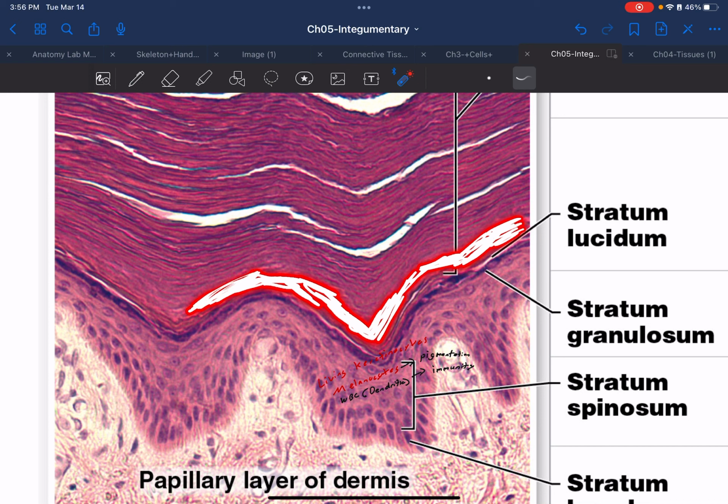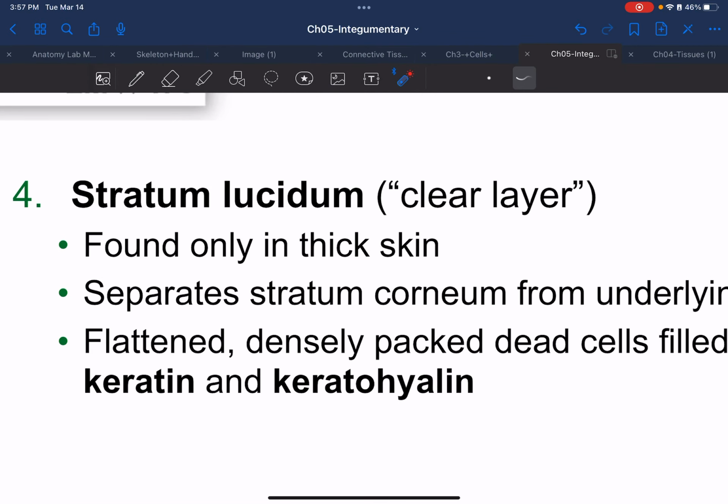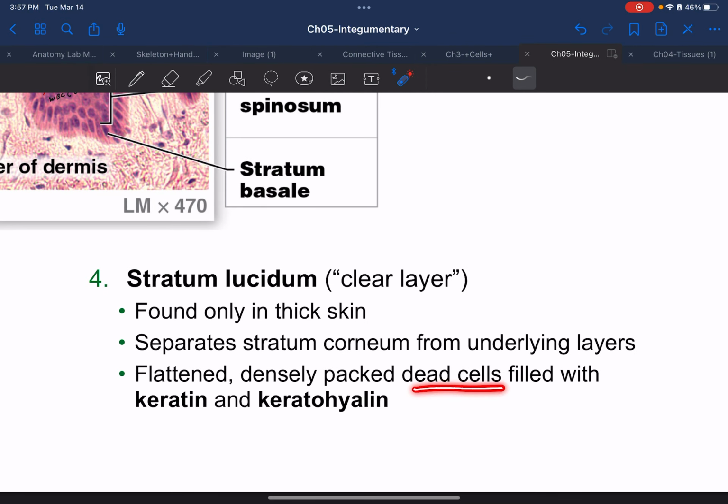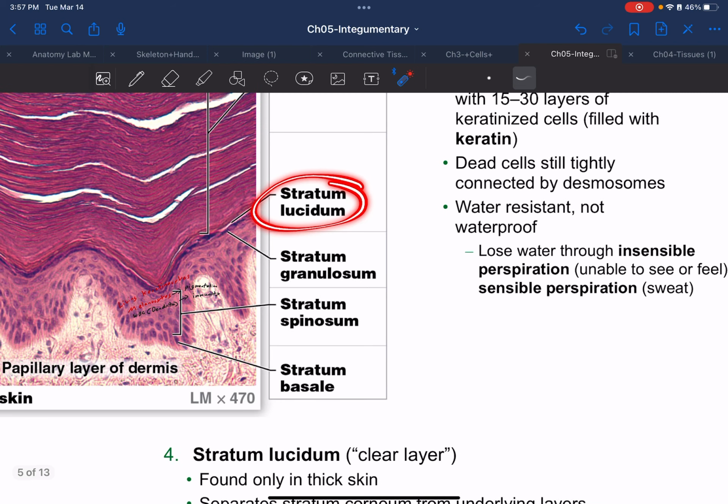It's like you would actually be able to see the back of the microscope slide, or through it. It would just be clear white, even though there are cells there. But what characterizes it is that this is where the cells begin to fill themselves up with keratin and die. They become our first layer of dead cells at stratum lucidum.